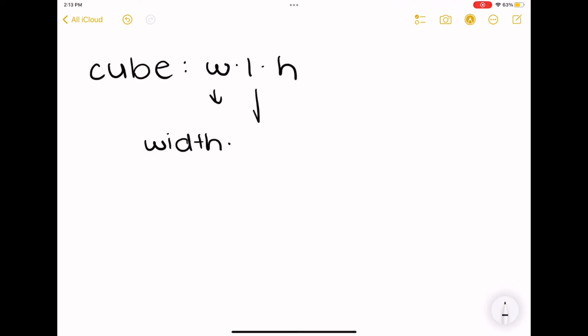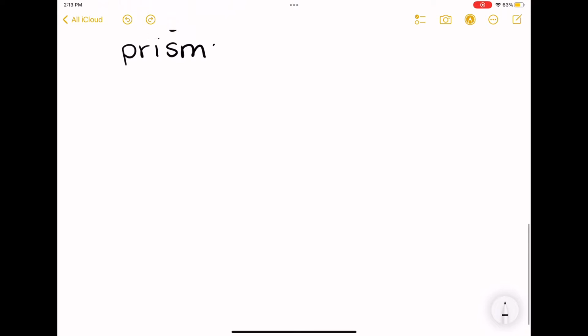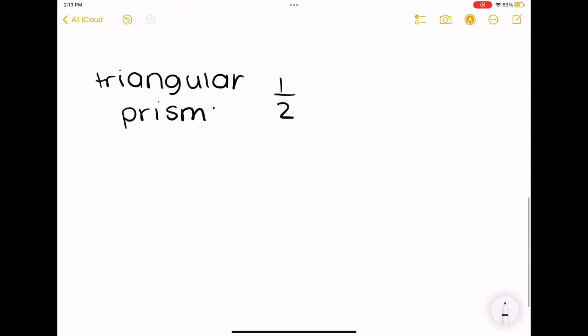So we can infer that since a triangular prism is half of a cube or rectangular prism, we are simply going to be halving all of this equation. So the equation for a triangular prism is 1/2 of W times L times H, or L times W times H. Either way works because we are still multiplying them.